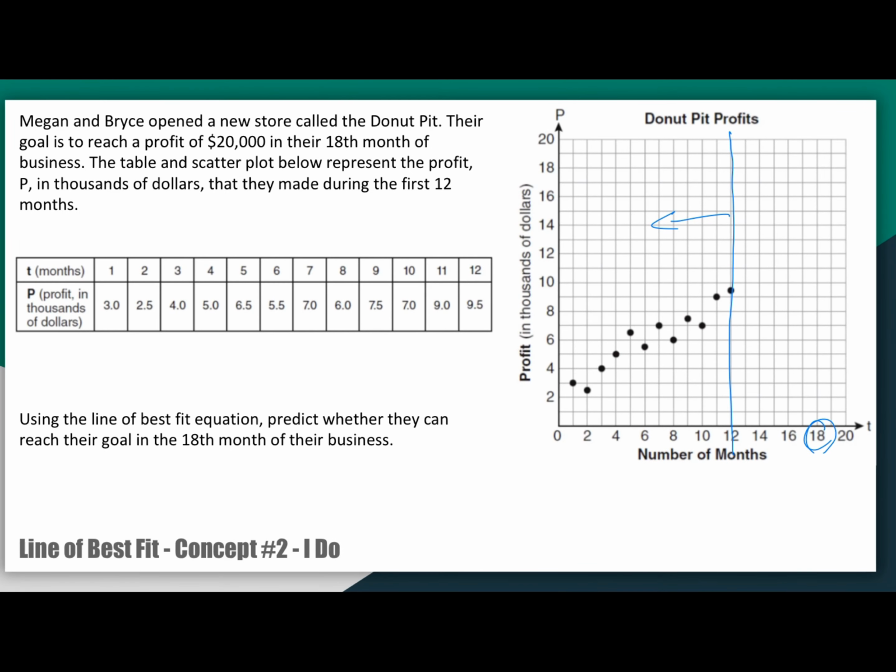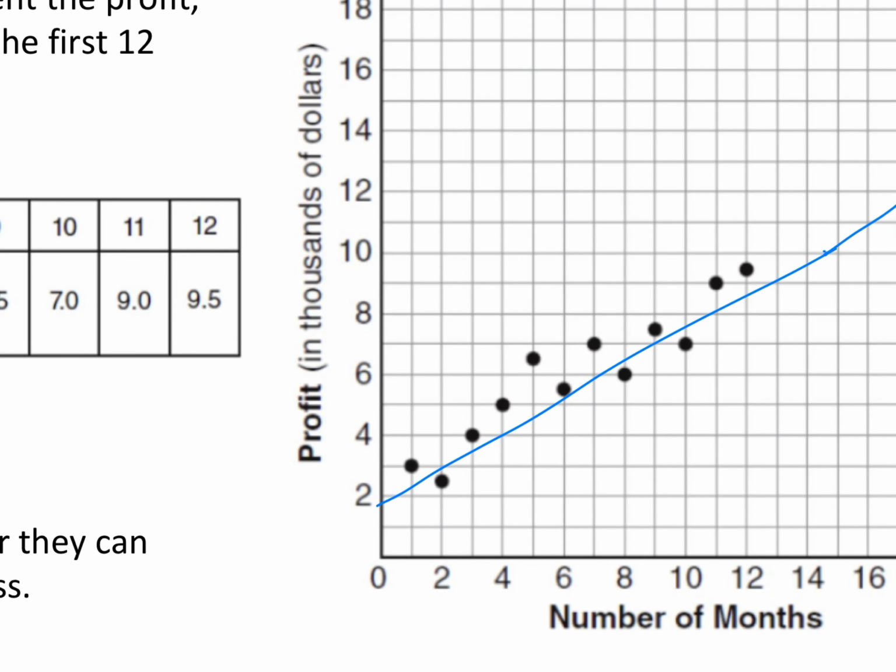Okay. Now, we're going to really get into the specifics of drawing a line of best fit here. If you just go and eyeball it like this, say that was it, and let's carry that all the way to the 18. You can even see its little curve. And then I just go, must be 12,000. Well, look at how difficult it might be to get a slope out of this line, right?